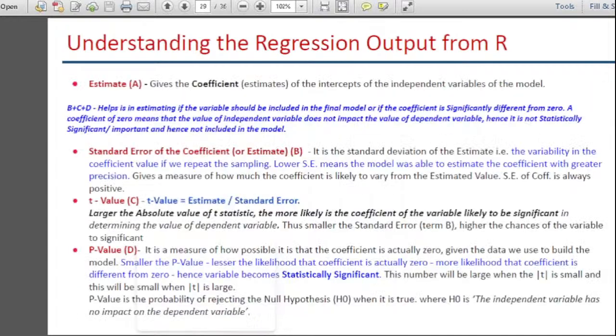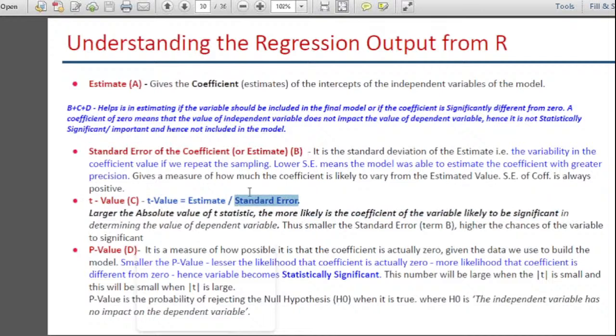It goes further. It calculates the t statistic, the t value. The t value is the estimate upon the standard error, so A upon B is the t statistic. The larger the absolute value of the t statistic, the more likely the coefficient of the variable is significant. When will the t value be more? When the standard error is less.